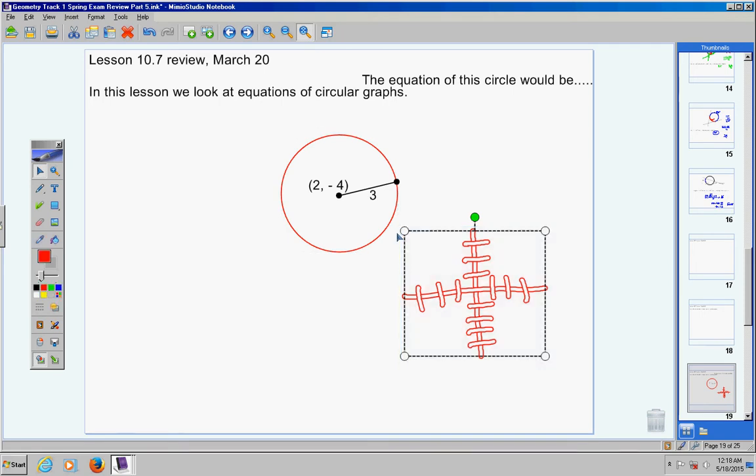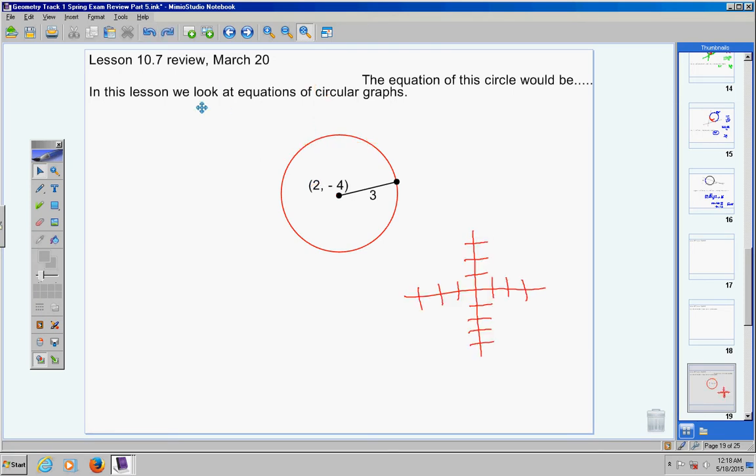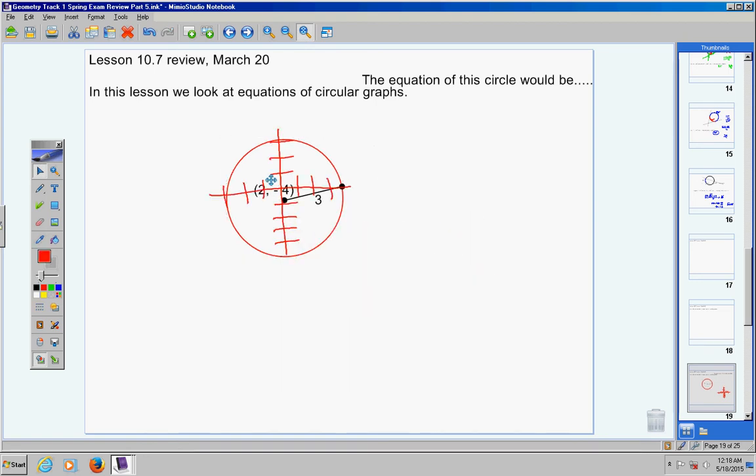When I say the circle is 2, -4, that just means that the center of the circle is there. Not quite, sorry, but pretend it's over 2. Hopefully you get the idea. So, when I say the center of the circle is 2, -4, we're saying the center of the circle is over 2 and down 4 in a coordinate plane. Okay, that's all we're saying.